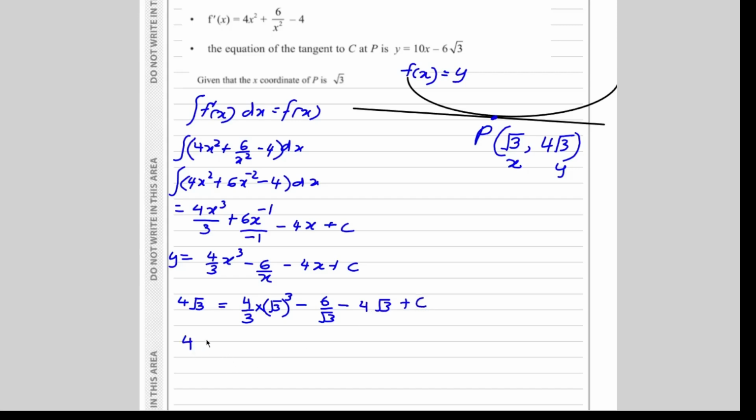Let's simplify this one. 4 times root 3, 4 into 3, 4 over 3. Root 3 cubed means root 3 into root 3 into root 3. Root 3 into root 3 is 3, so 3 root 3.